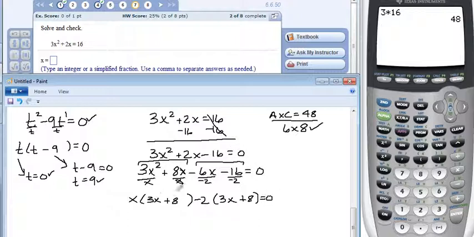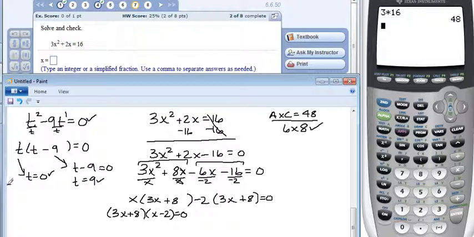These 2 terms have the 3x plus 8 in common. And what's left are the outside pieces, x minus 2. All right, now I have multiplication equal to 0. So now I set each piece equal to 0 and solve. I'm really running out of room here.